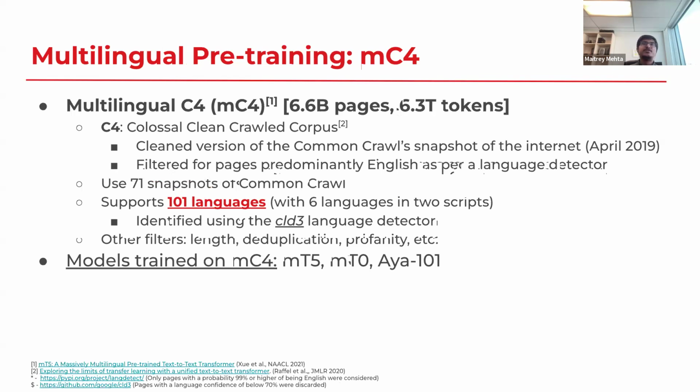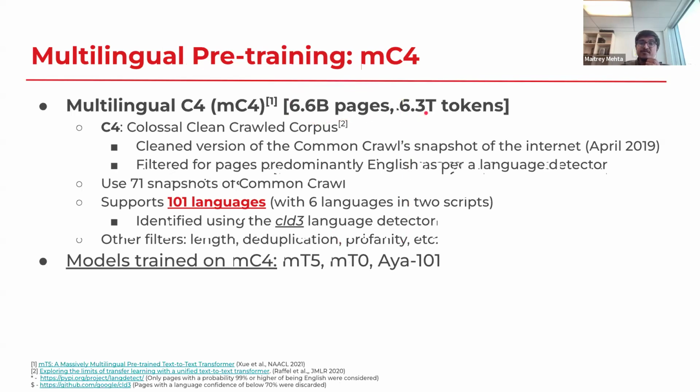What they did was they ran a language detector on top of all the 71 snapshots, and figured out which text corresponded to which language. And they selected 101 languages in total. And that forms the MC4 dataset.